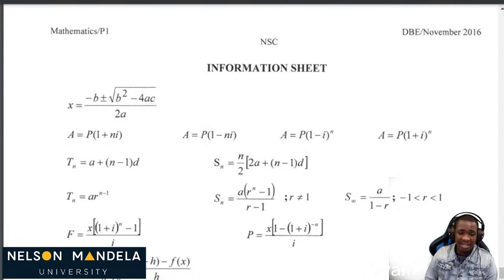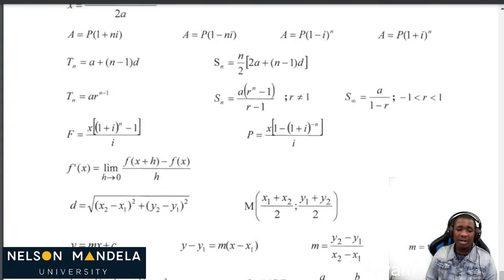So you can see that this is the simple interest, this is the simple depreciation, this is the compound depreciation, this is the compound interest. And now we have the future value, and we also have the present value.